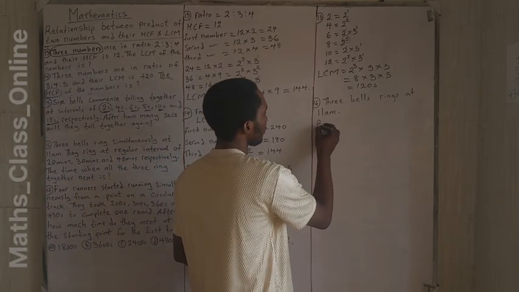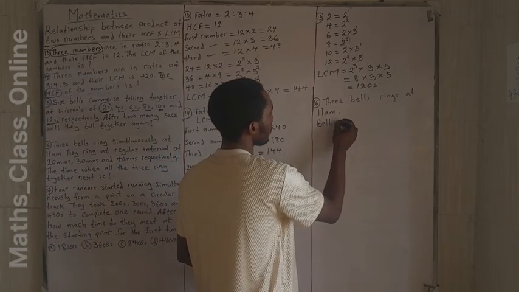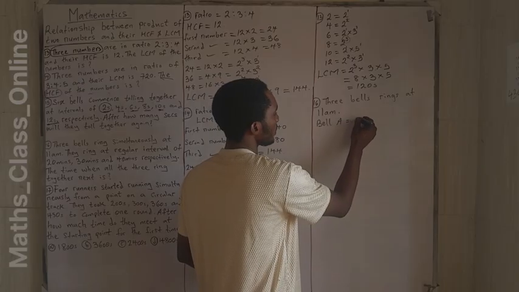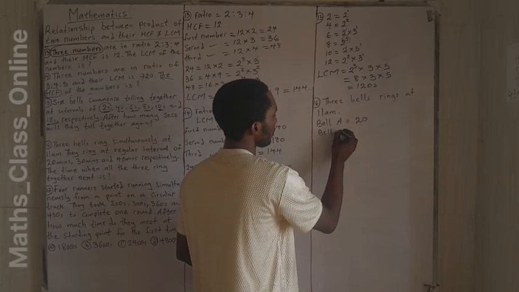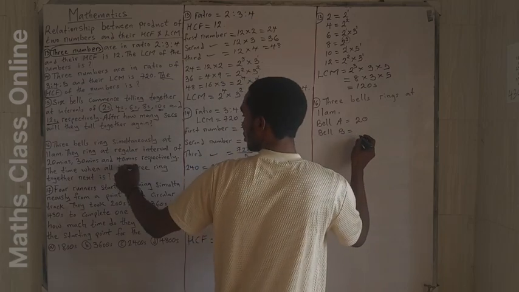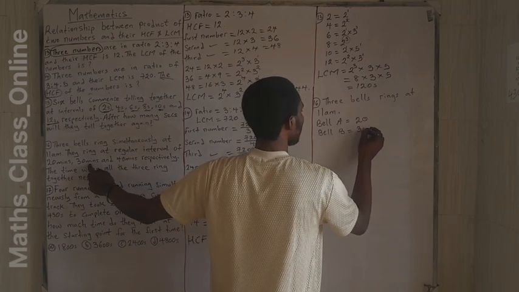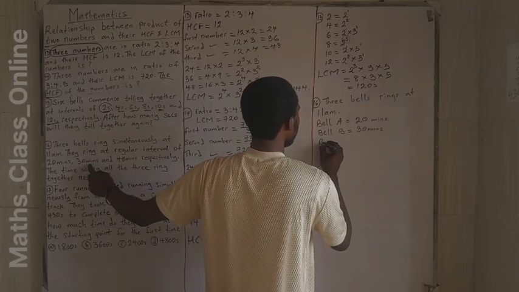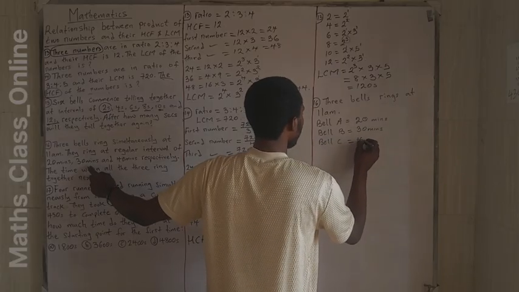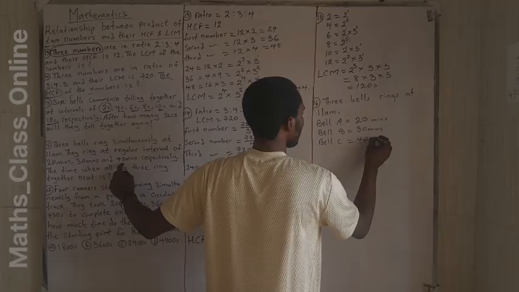Bell A, that is 20 minutes. Bell B, 30 minutes, and bell C, that is 40 minutes.